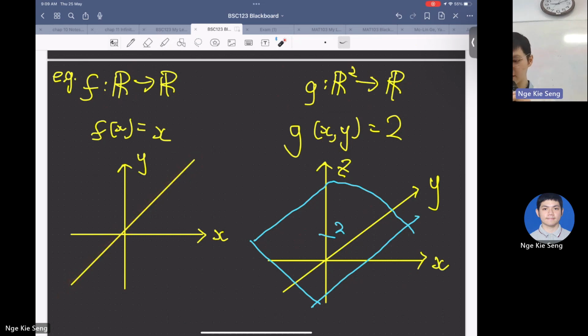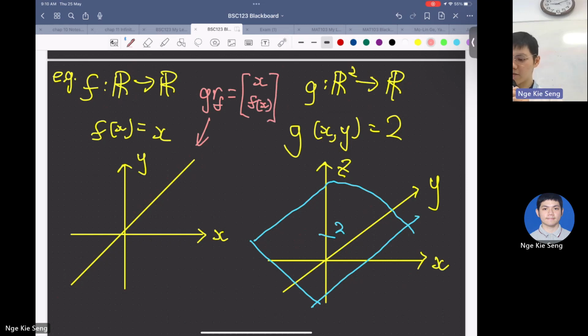We call this a graph. So let me write this. We call this the graph of f. Graph of f is x and f(x). So the graph of f lives in R2, which is R plus R. I just put R2.